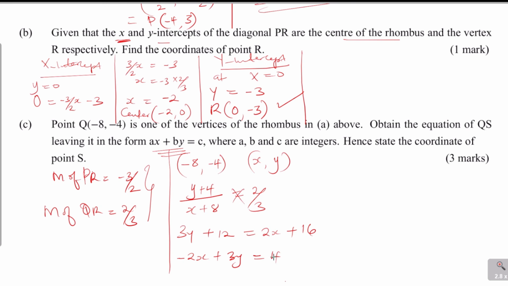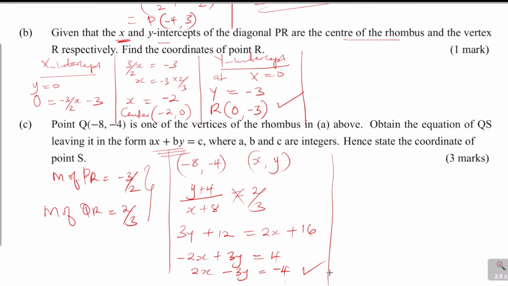We can multiply everything by negative to have 2x subtract 3y is equals to -4 if we multiply each term by negative. So it is in that format. We've given the equation in the form AX plus BY is equals to C.